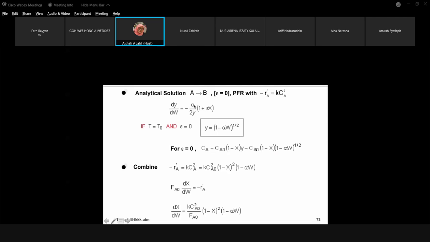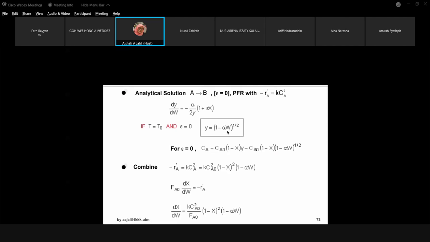Just you have this one, alpha over 2y. When you differentiate, you get y equal bracket 1 minus alpha W power of half, power of 0.5. Square root for y equal square root for 1 minus alpha W. Can you accept that one?